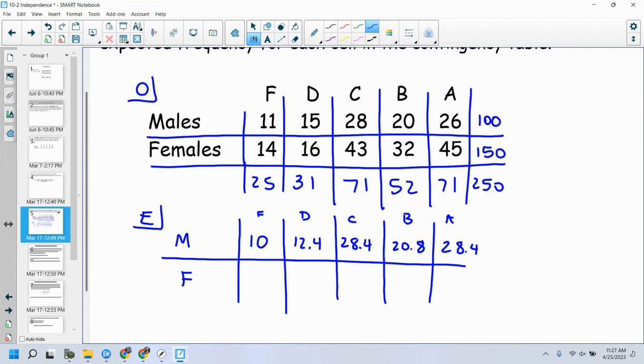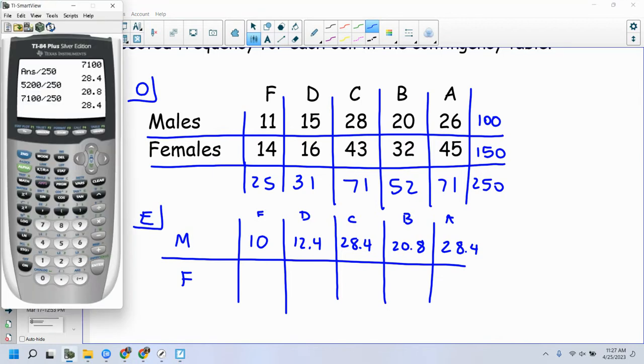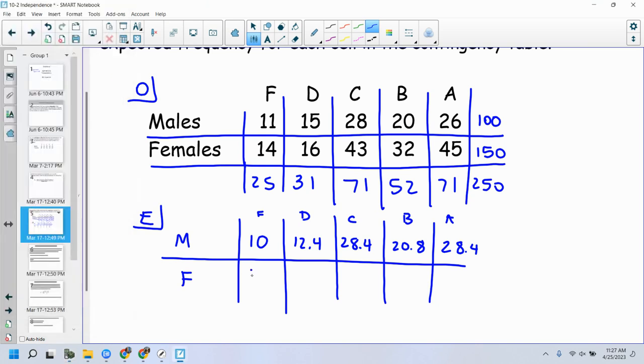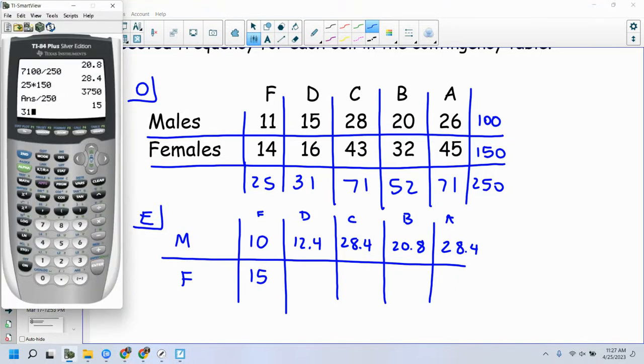Now let's do that whole same thing for the second row. All right, so 25 times 150 divided by 250. I should have expected 15. All right, 31 times 150 divided by 250. Oh, that would have been 18.6.